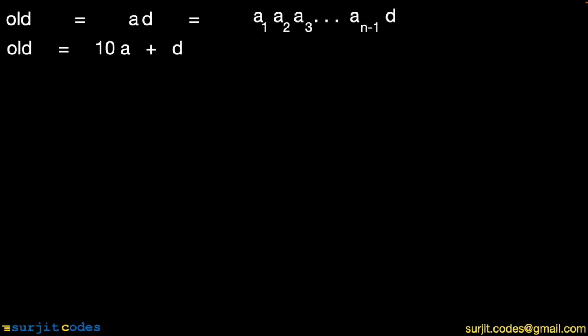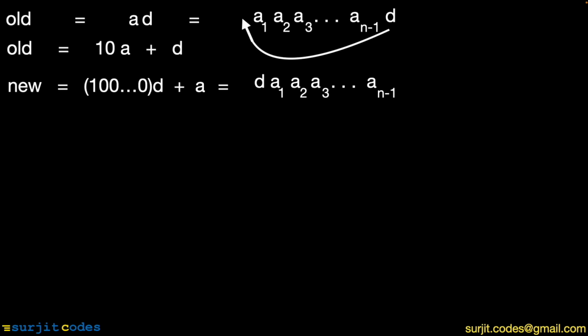During the solution of the problem, we derived the relations that are reproduced here. Old number is 10a plus d. New number is obtained by shifting the digit at the units place to extreme left. It becomes 10 to power n minus 1 times d plus a.